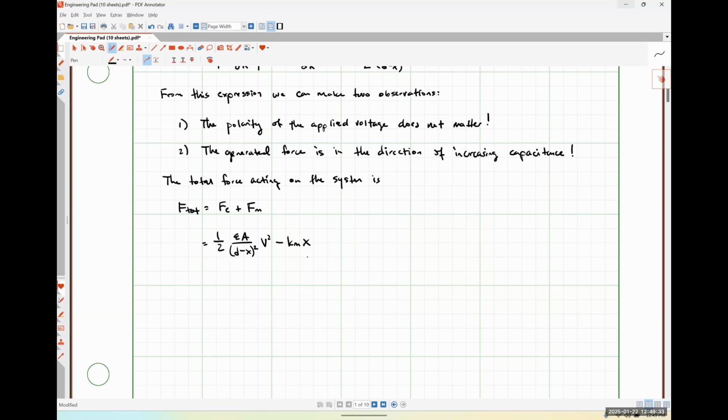This is what's called the pull-in effect, okay? So this pull-in effect can be a very good thing. If we want capacitively actuated or electrostatically actuated switches, this is great, right? This means that we only have to apply some typically small amount of voltage in order to actuate those switches and cause them to close and all of that kind of good stuff.